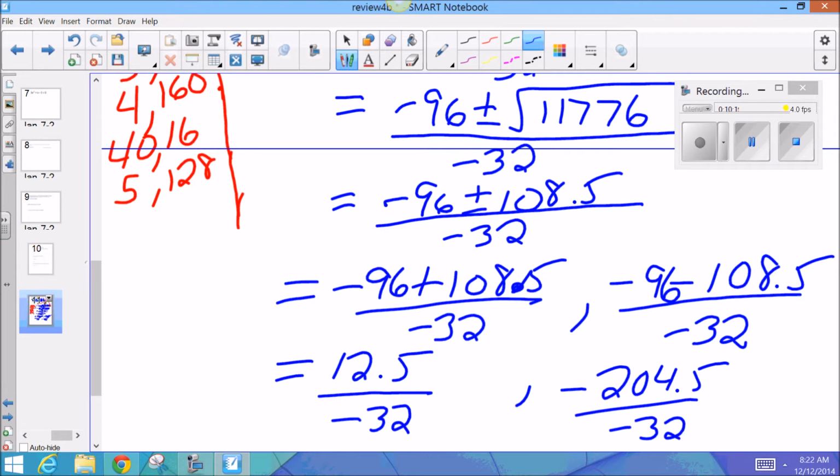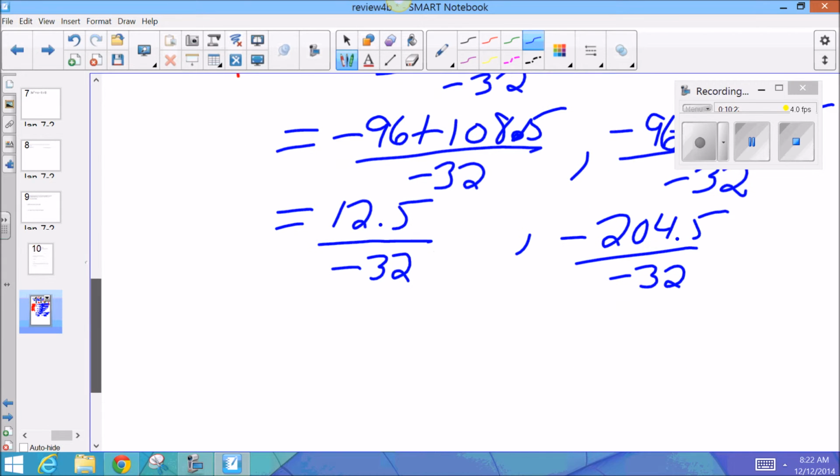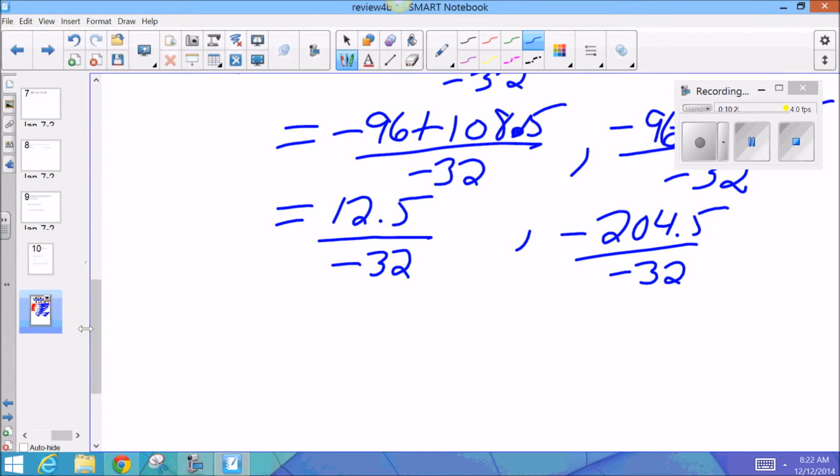One last step here. I'm going to divide by negative 32. So 12.5 divided by negative 32 is negative 0.39. And negative 204.5 divided by negative 32 is positive 6.39. Okay.